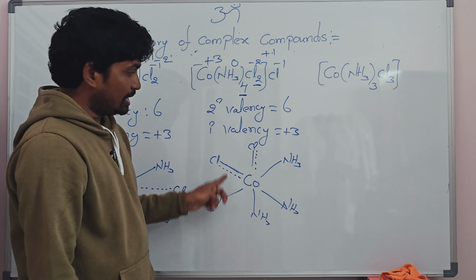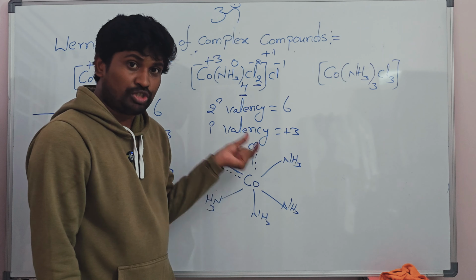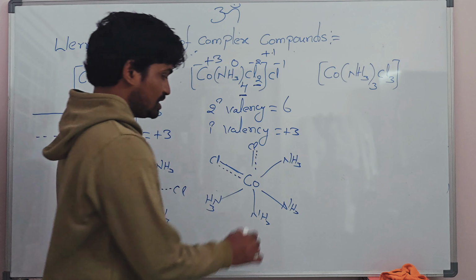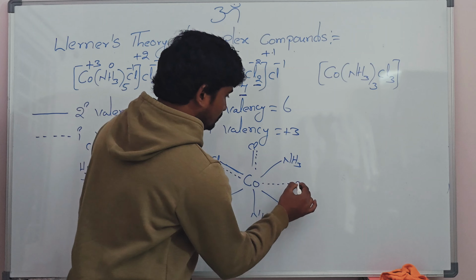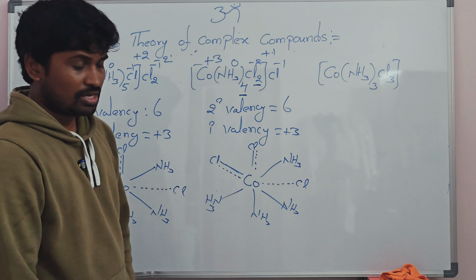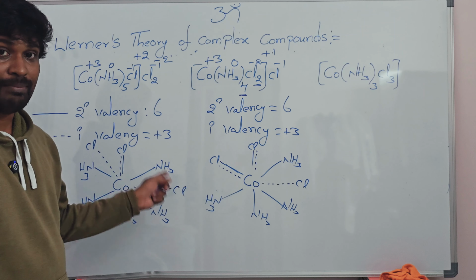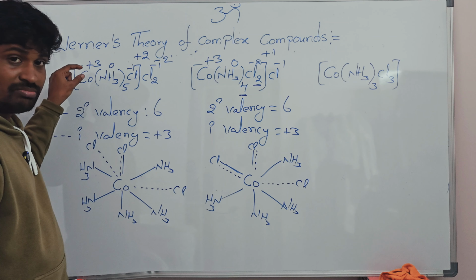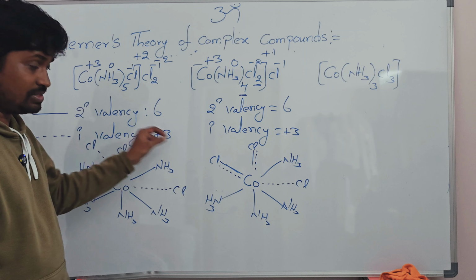Observe here, the secondary valency has a particular position, but the primary valency has no fixed position. You can represent it anywhere. This is the representation of the complex as per Werner's theory: the metal cobalt has two types of valencies.